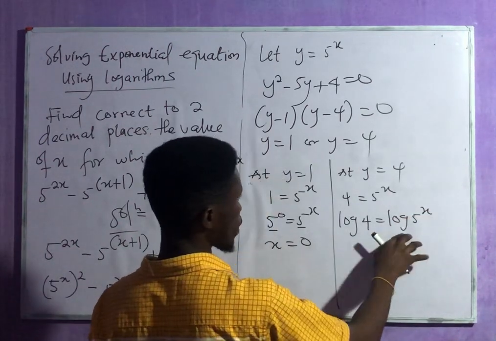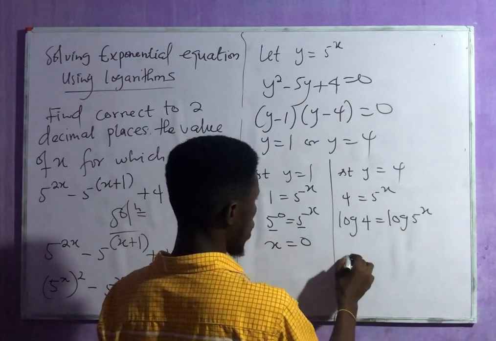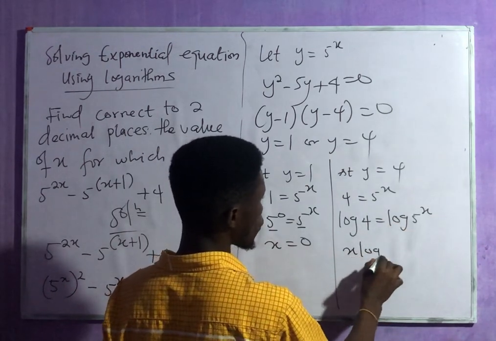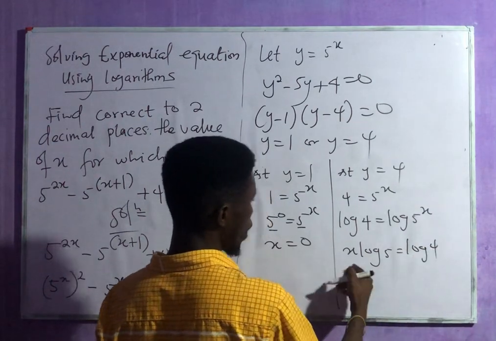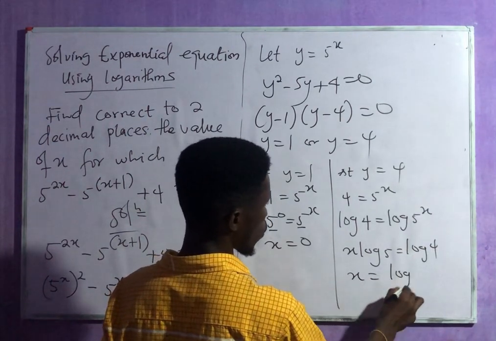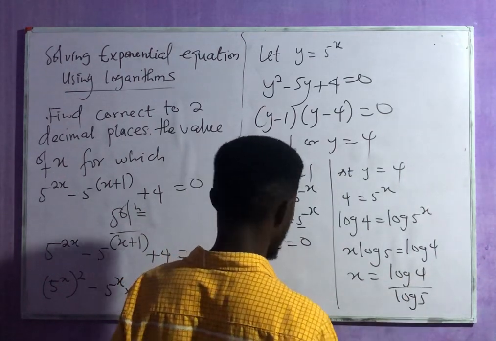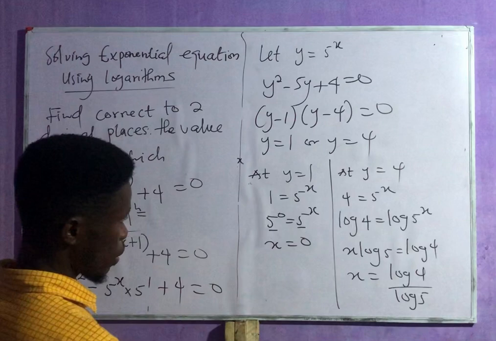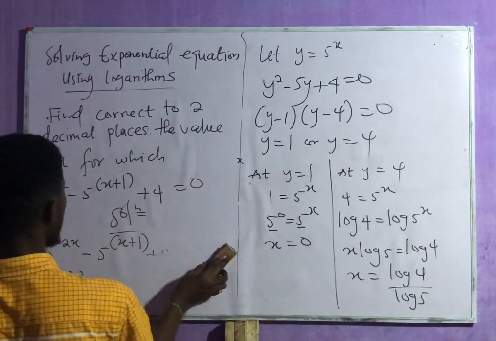Looking at this, I can let the x become the coefficient of log 5. So I have x log 5 equals log 4. I divide both sides by log 5. That will give me x equals log 4 over log 5. Very, very nice.